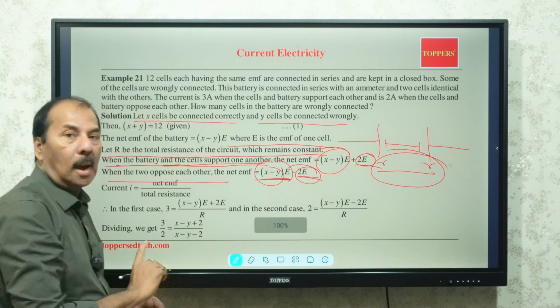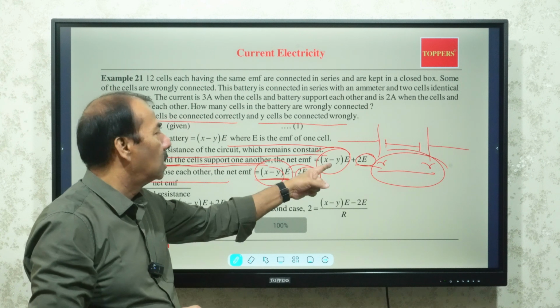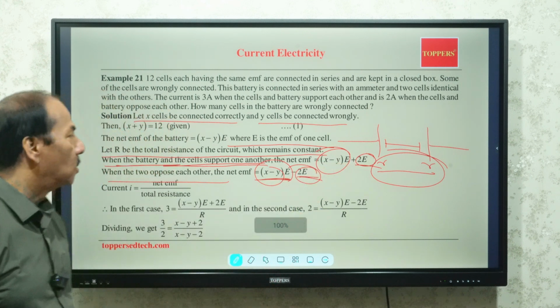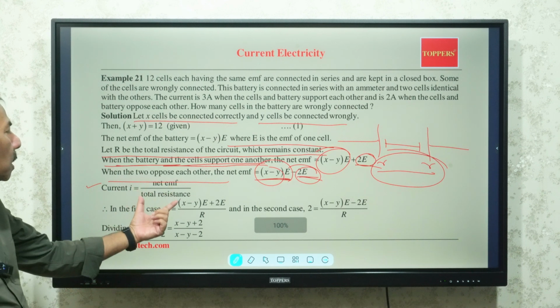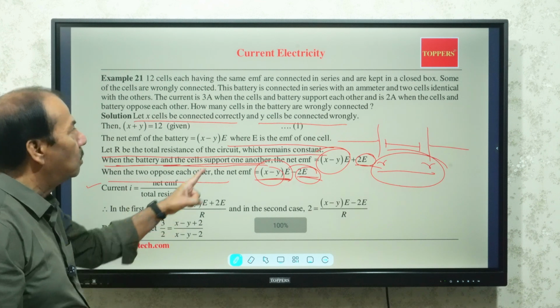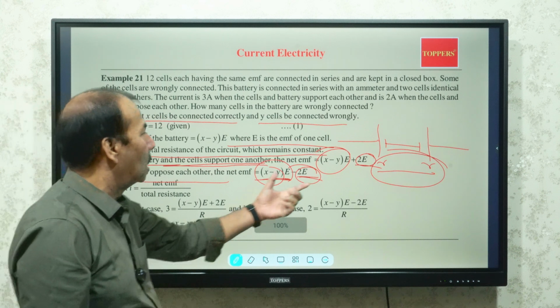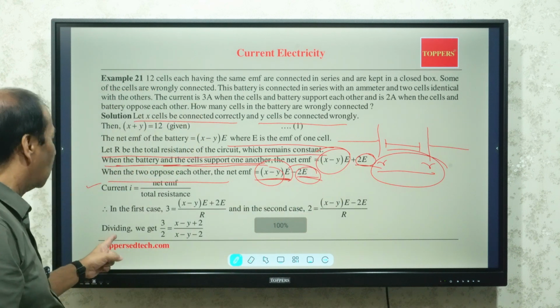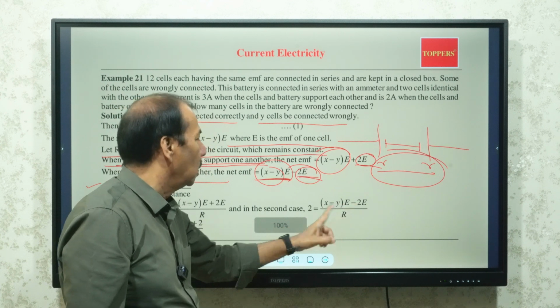So the effective EMF here is (X minus Y)E minus 2E, and here it is (X minus Y)E plus 2E. Now the current I is net EMF upon total resistance. In the first case, the current is 3 ampere, that is given, so (X minus Y)E plus 2E divided by R. In the second case, you get (X minus Y) into E minus 2E upon R.